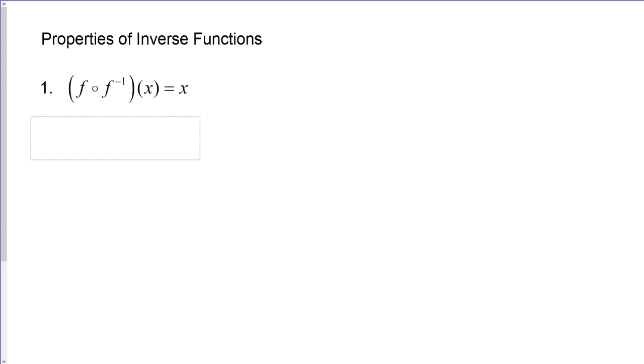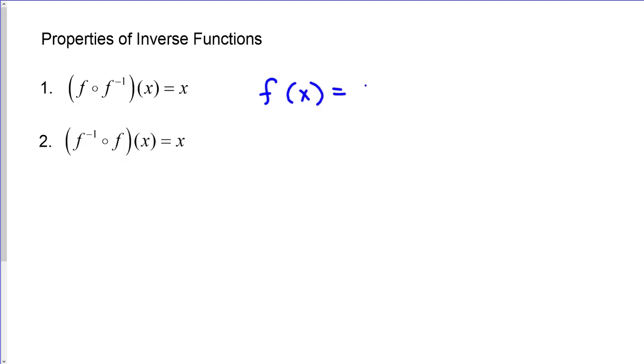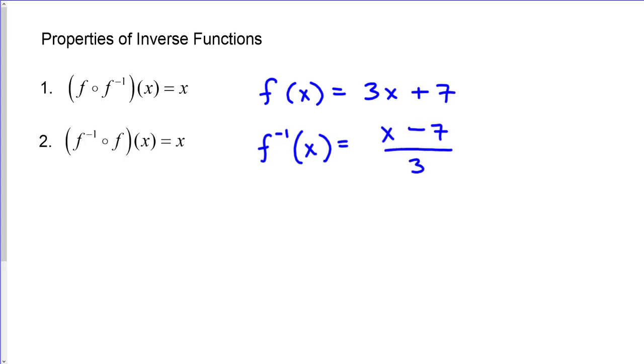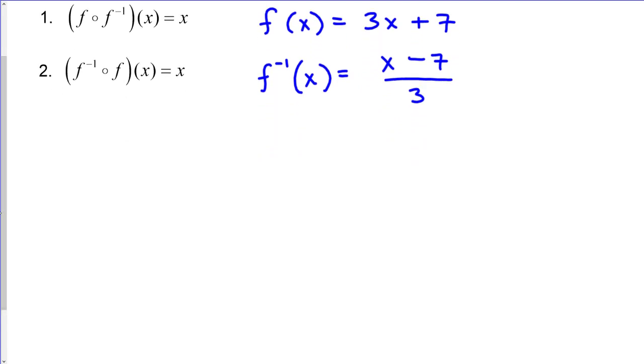Let's look at a property. So a property here states that if I compose f and f inverse of x, I get my original x value back out. And it doesn't matter what order I do this in. So just to verify that this is true, let's go back to the pair of functions that we just were looking at and see what happens when we compose these functions.